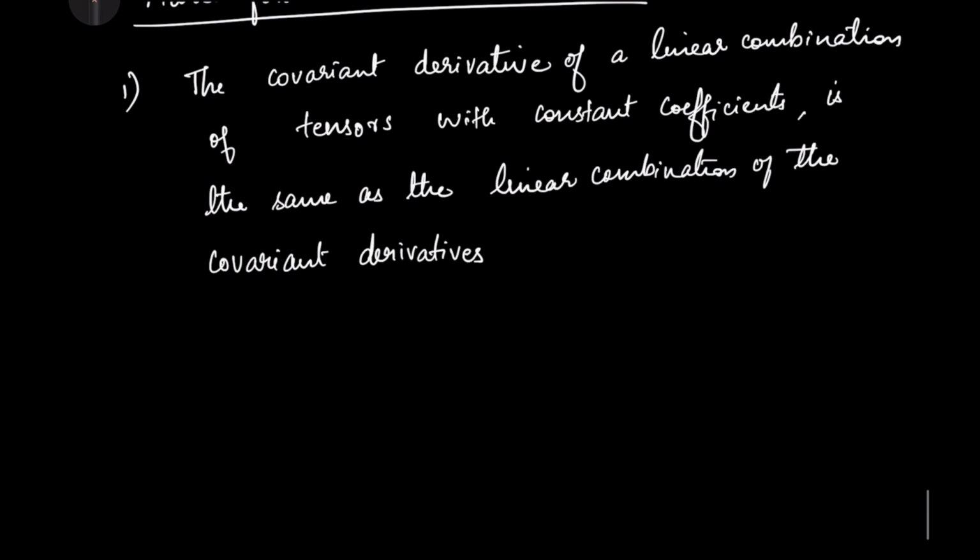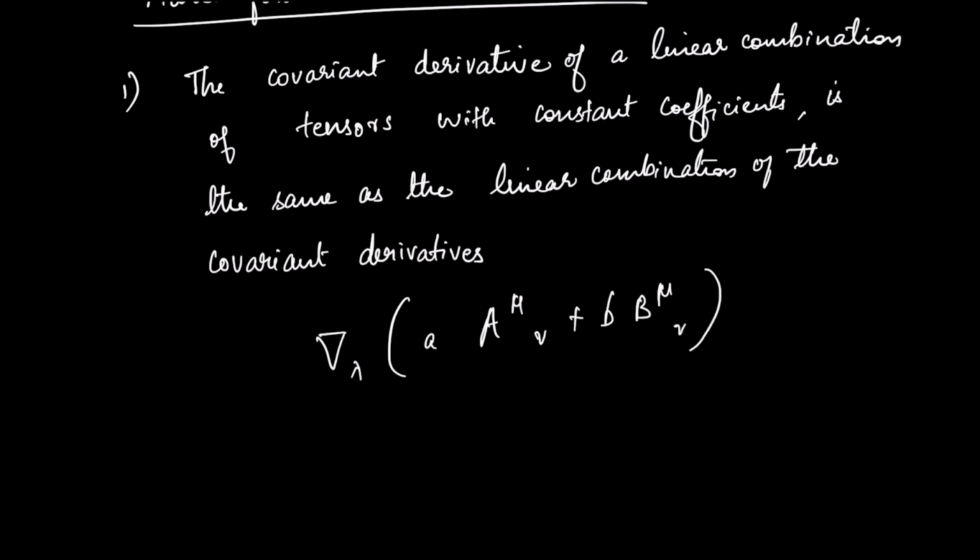So I'll write this in the form of a mathematical expression. The covariant derivative of a linear combination of tensors with constant coefficients. Here small a and small b are the constant coefficients. Now this is the same as the linear combination of the covariant derivatives.